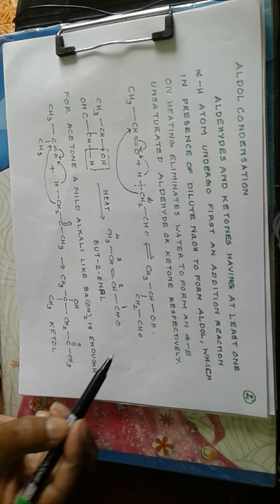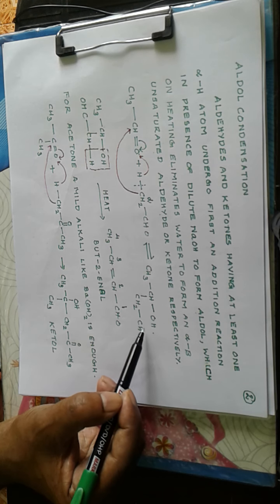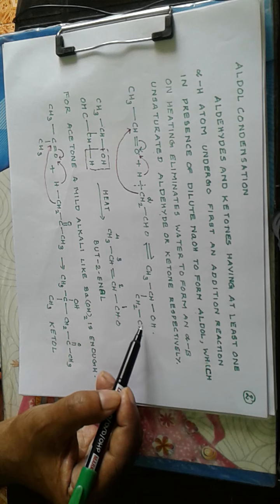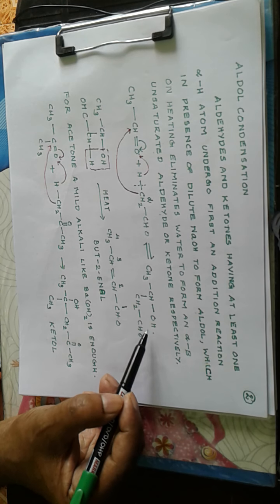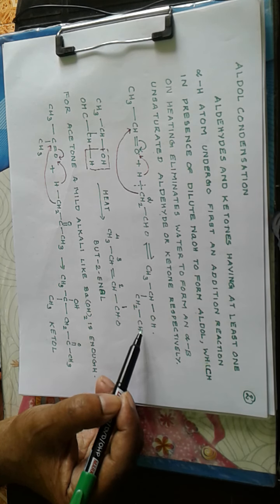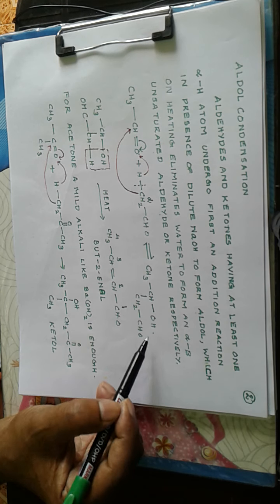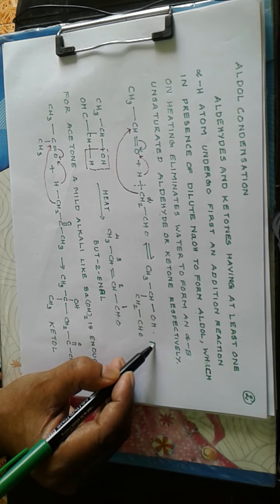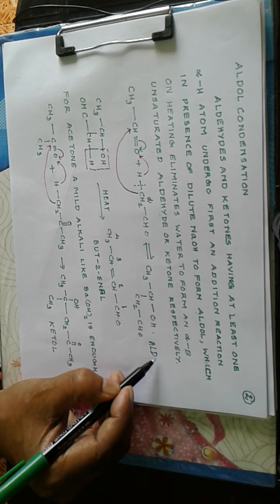For acetone, a mild alkali like barium hydroxide is enough to produce the aldol reaction, and in the previous case it is an aldehyde group and an alcohol group, and combining them we give the name aldol.